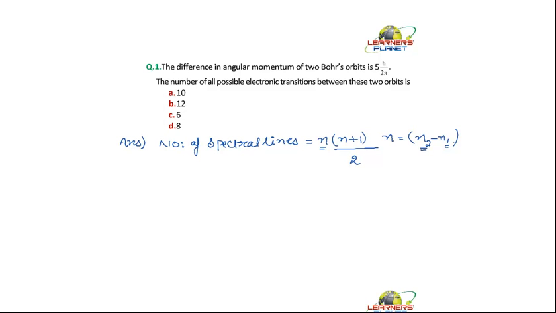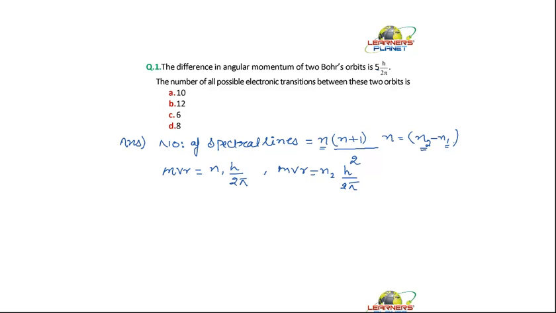So this is the difference between the angular momentum. Can we take it as n? Let's calculate this. I'll not take it directly. Say your angular momentum mvr is equal to n1h by 2 pi, and the angular momentum for the second orbit is mvr equal to n2h by 2 pi.